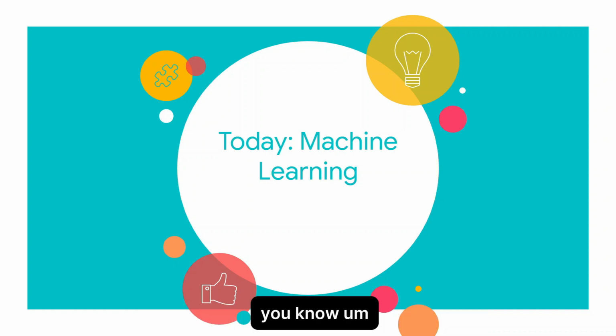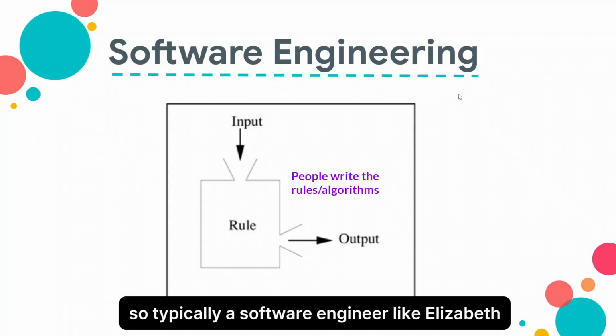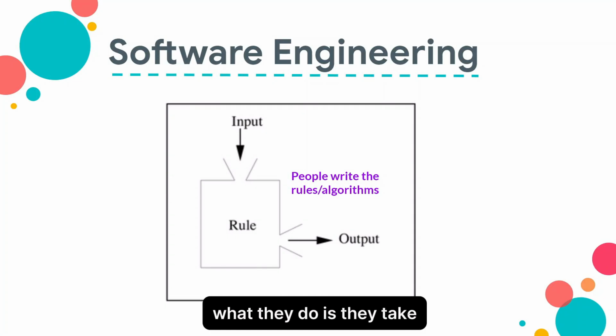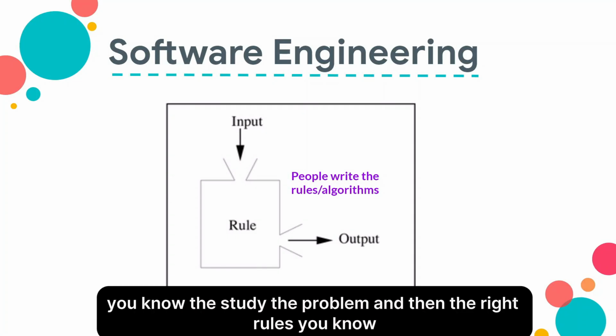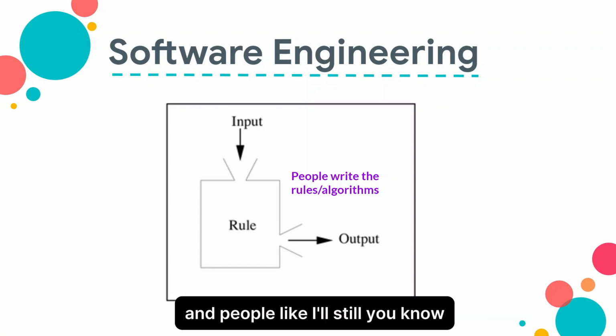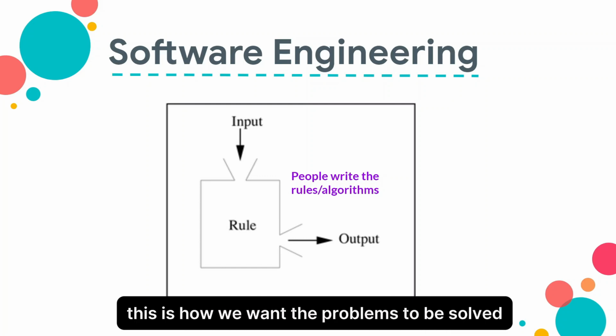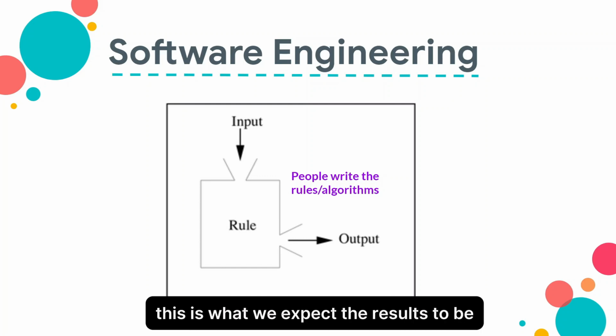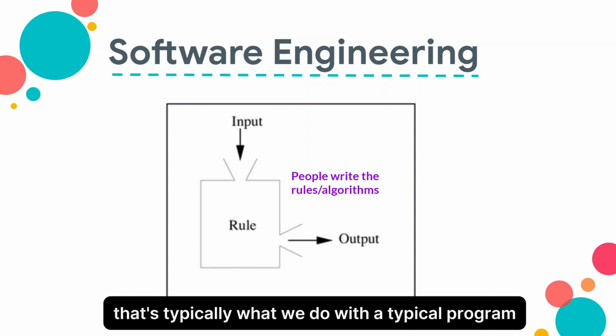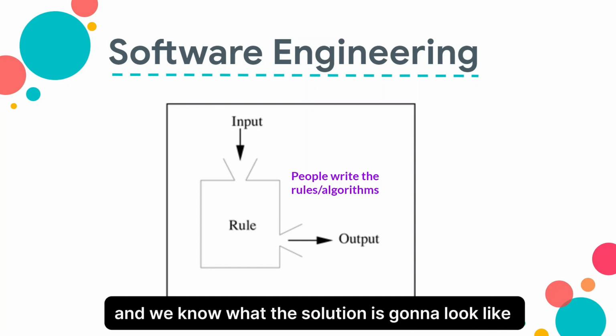Typically, a software engineer like Elizabeth studies the problem and then writes rules, and people like us too, we all write rules on how we want the problems to be solved. And then we say, okay, this is what we expect the results to be. That's typically what we do with a typical program, and we know what the solution is going to look like.